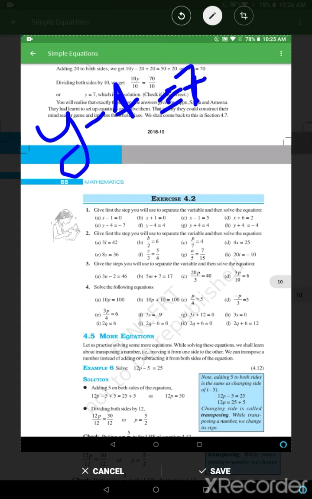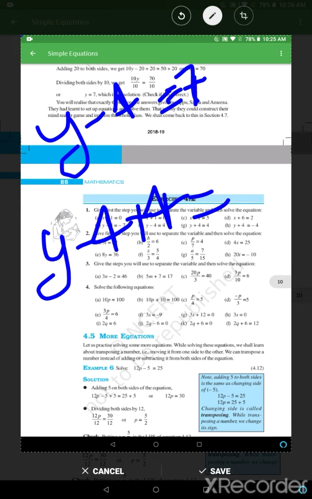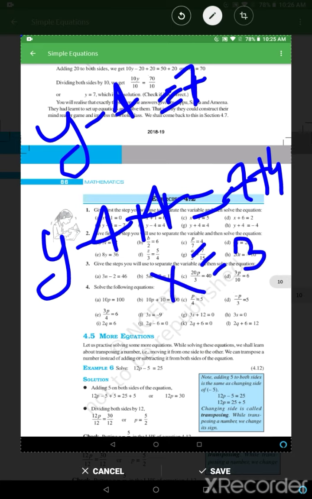So it is minus, so we will add plus 4 to this. y minus 4 plus 4 is equal to minus 7 plus 4. Minus 7 plus 4 is minus 3, since the sign of the bigger number is minus. The value of y will be minus 3.